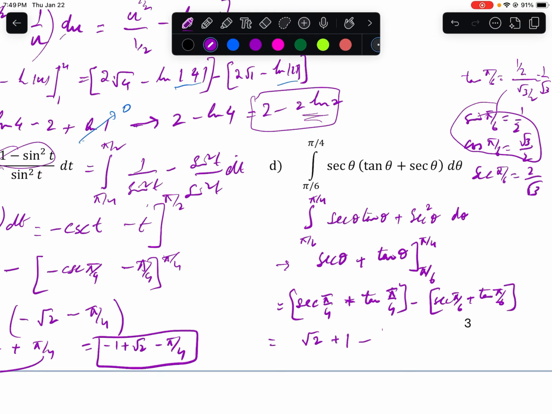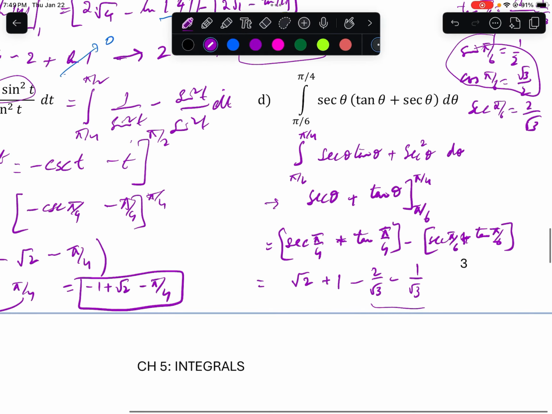So this will be negative secant of pi over 6, which is negative 2 over square root of 3, then minus 1 over square root of 3. We can combine these two.